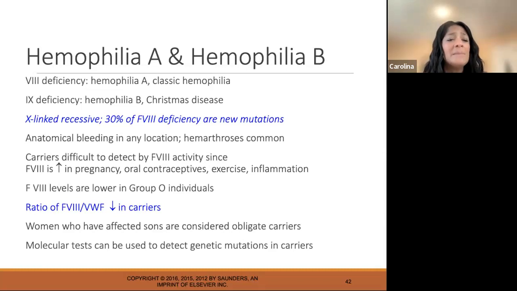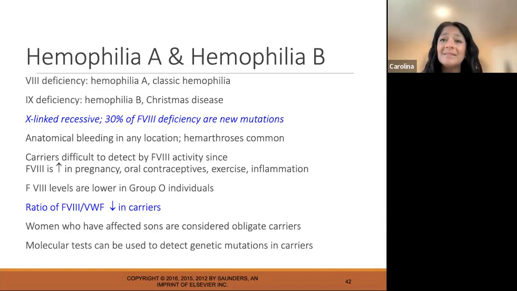Carriers may be difficult to detect by doing just the factor VIII activity, since factor VIII may be increased in certain instances like pregnancy, the use of oral contraceptives, exercise, and inflammation. So we don't always know when one is a carrier.